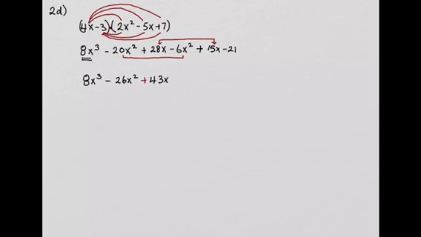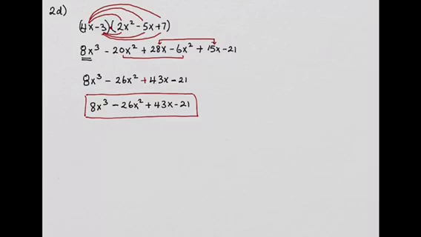Now we look for the constant term, and there is only one constant term of minus 21. So the final answer is 8x cubed minus 26x squared plus 43x minus 21. And this is the final answer for part 2d, which is also the end of problem 2.